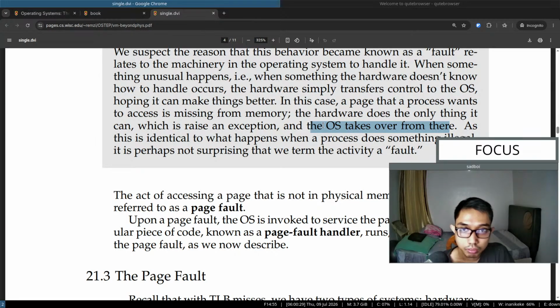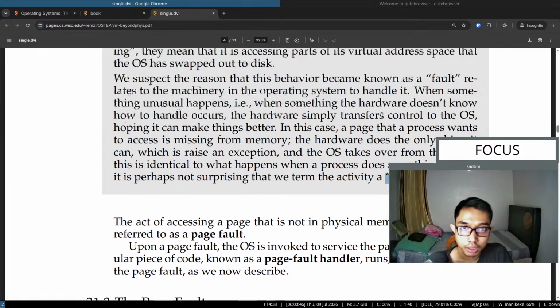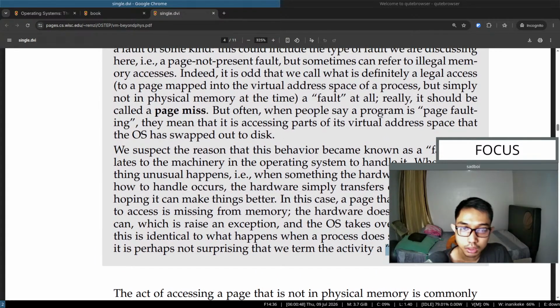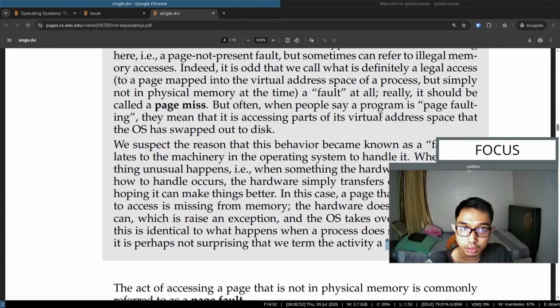So I assume the operating system is the one that needs to decide whether the page fault is because, what is it called?